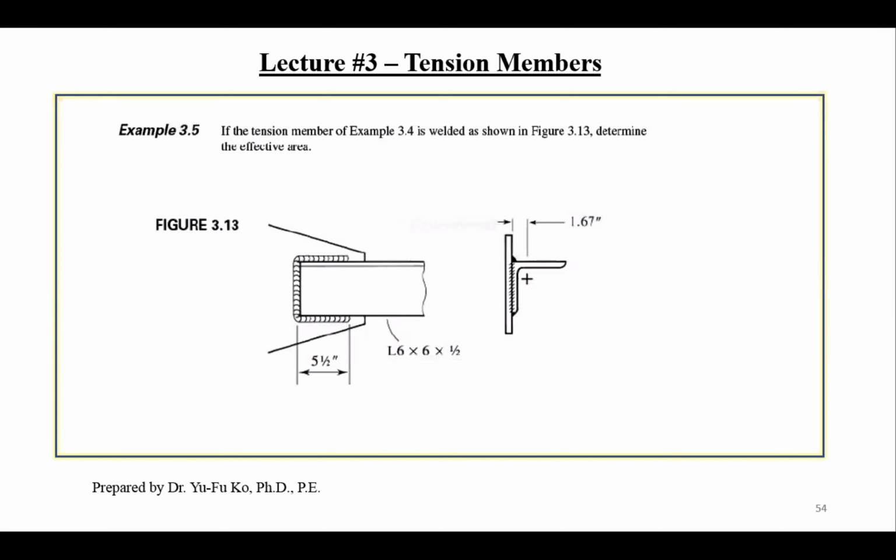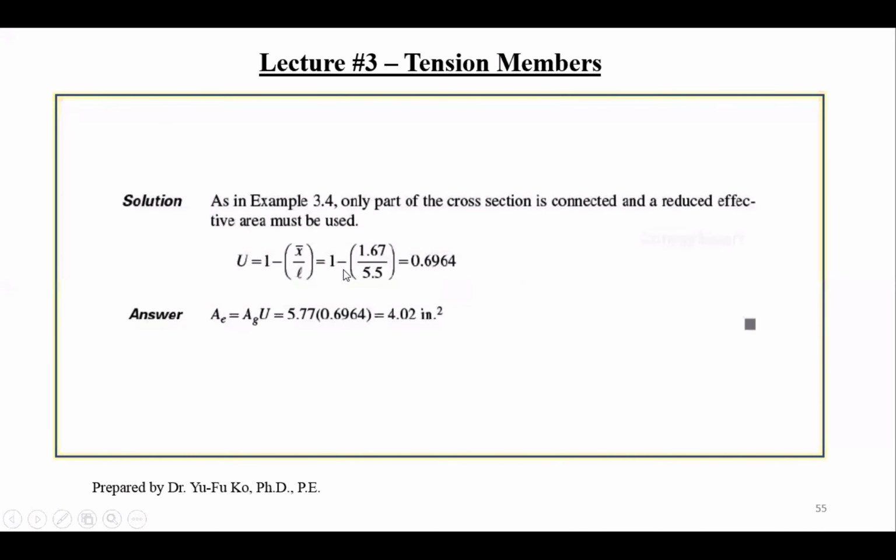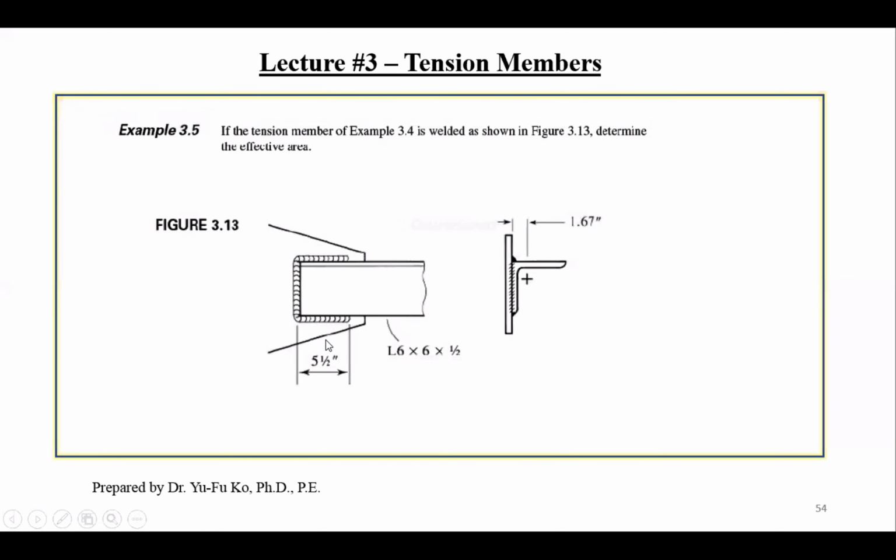Now next, we talk about the welding, and let's figure out the AE for this example. So the same gusset plate, same tension member, but now we do the welding like this. The welding along the loading direction is 5.5, and this is the angle. So the same equation applies, but now the L is equal to 5.5.